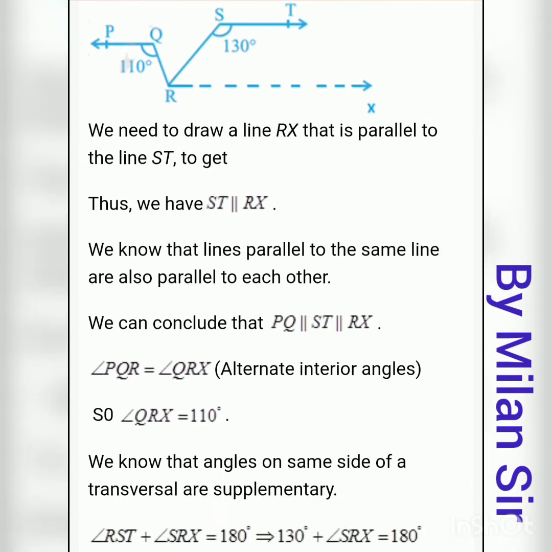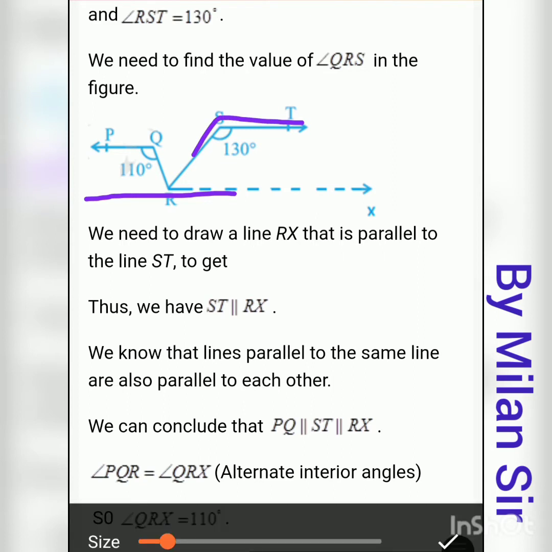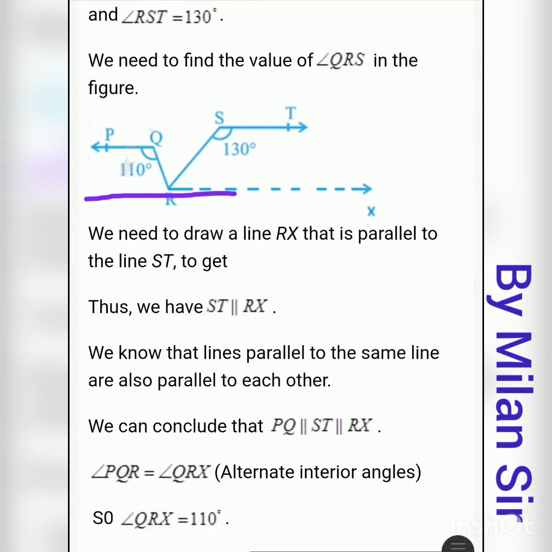Now, if you extend these lines, here we have another Z shape, a reverse Z. This angle is 130, so this angle is also 130. Here we have one more pair of alternate interior angles.